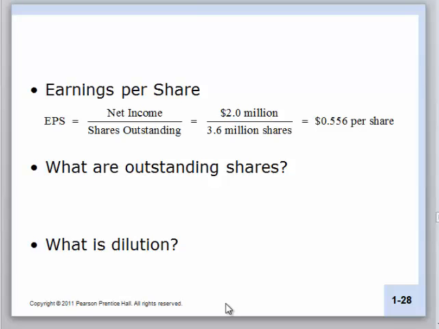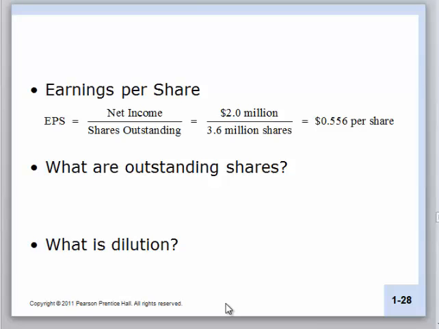There are shares that are owned by investors, right? I own 100 shares of P&G stock. Those are outstanding shares. But there are also securities out there that could possibly be shares. So maybe we have employee stock options.